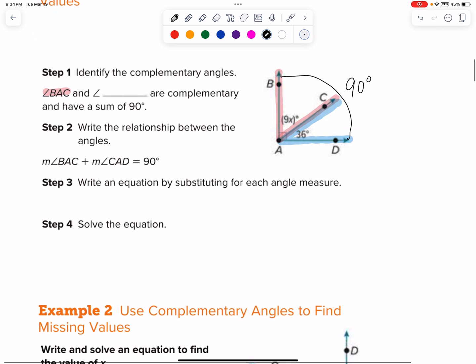So what would the equation be? Well, we know our equation would be the 9x plus the 36, and both those together, because they're complementary, they equal 90 degrees. So we can go ahead and solve for x. Okay, and with solving for x, we have subtract 36 from both sides.